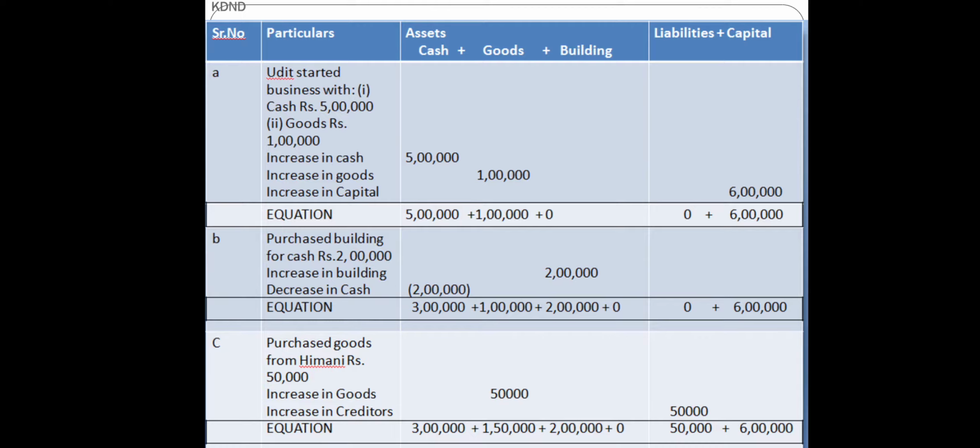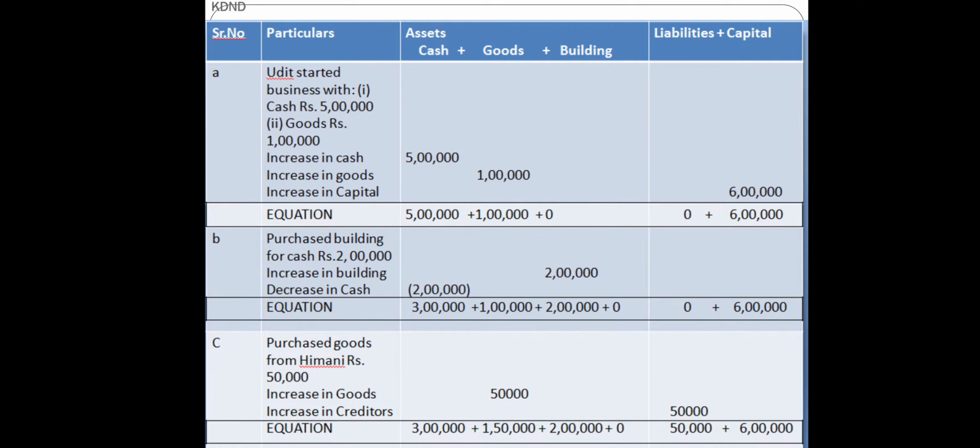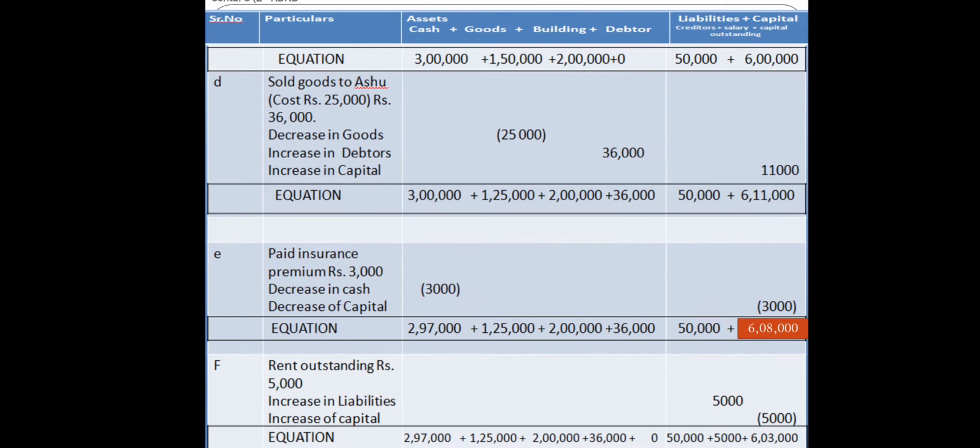So we have to be accurate enough and understand that here the name of a party is given, so there is an increase in creditors. One new column will be introduced on the liability side, that is creditors, and then the equation is 3 lakhs plus 1,50,000 plus 2 lakhs, and finally over here also 6 lakhs 50,000.